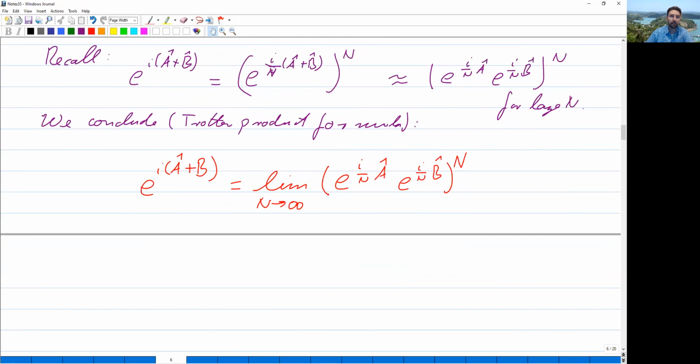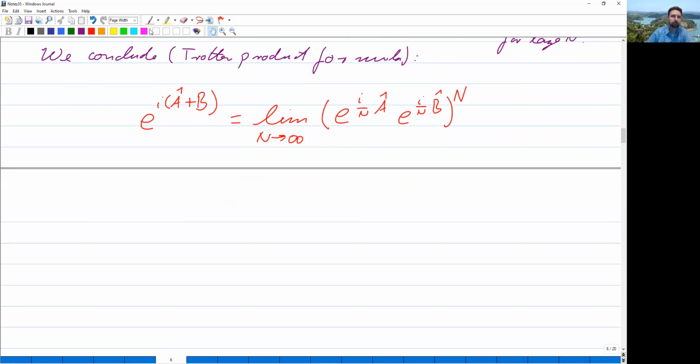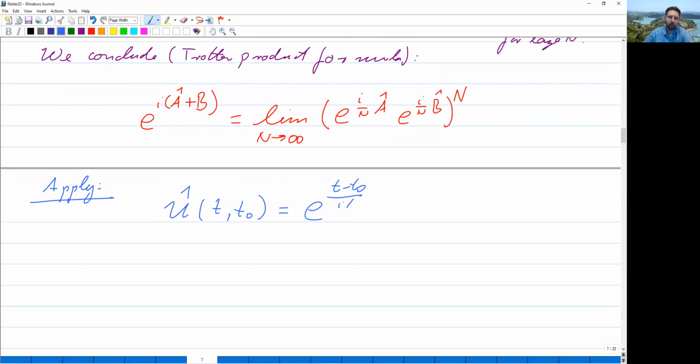So let's apply this now. Our time evolution operator, the one that we are really interested in, that goes to time t, starting from time t naught, is e to the power of (t minus t naught) over i h bar, and then p hat squared over 2m plus v of x hat.